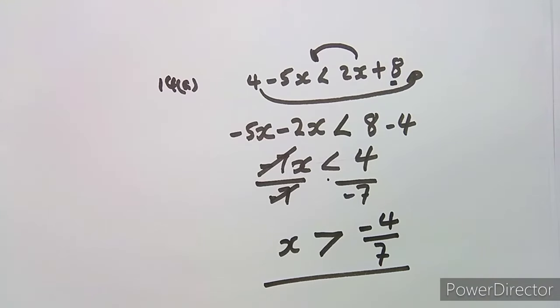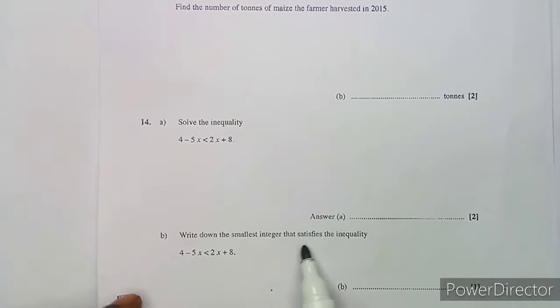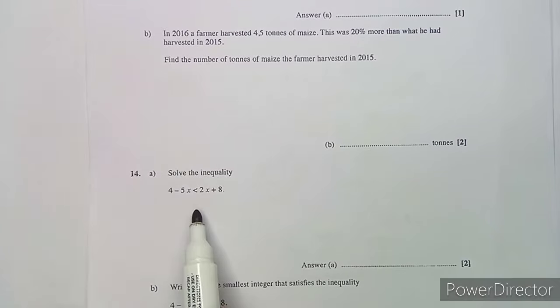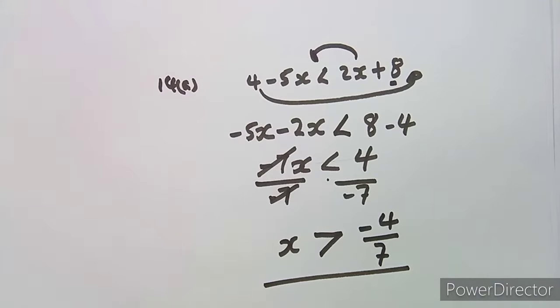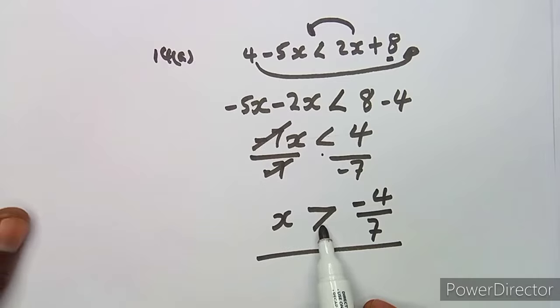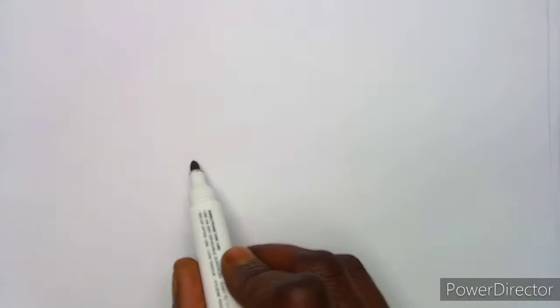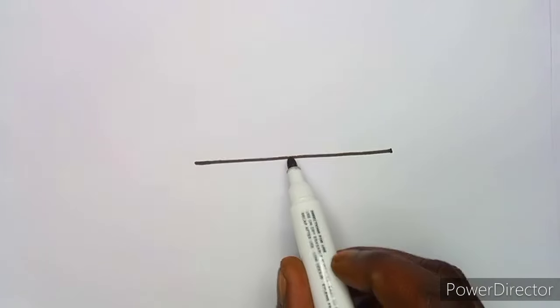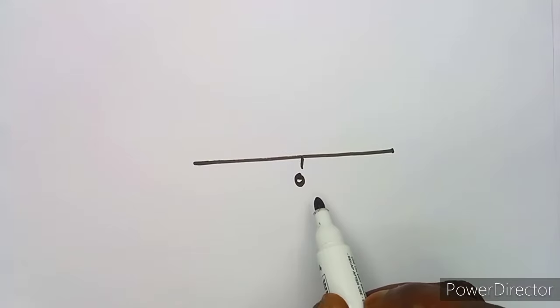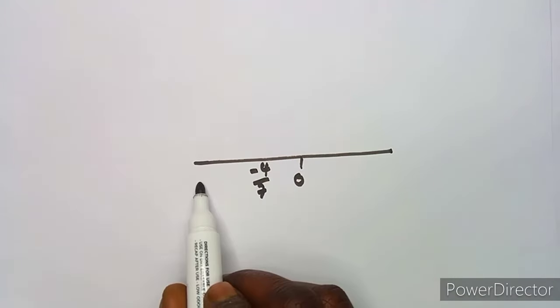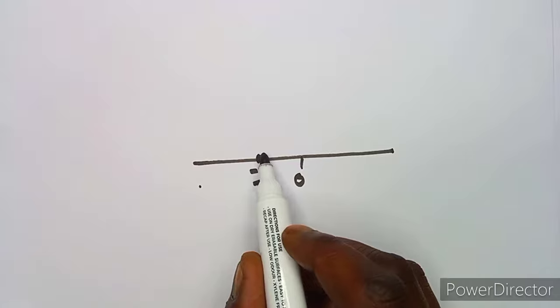From this part, we are now asked to write down the smallest integer that satisfies this inequality, which is the same inequality that you're given. It's a continuation. We are saying that our x is greater than minus 4 over 7, which is actually a decimal. If we have it on a number line, let's say this is where we have our 0. Minus 4 over 7 is on the left side, so we have it somewhere here.